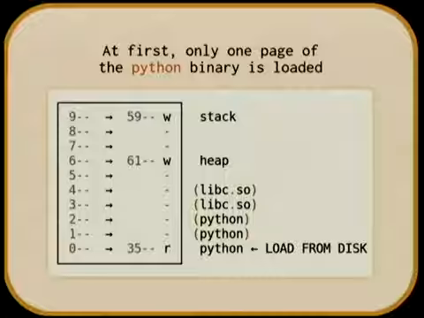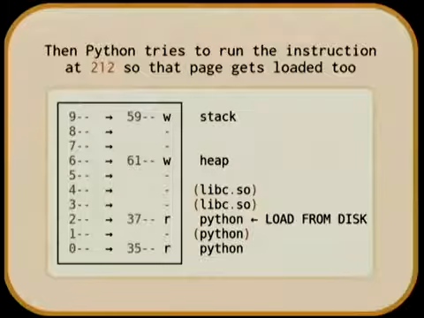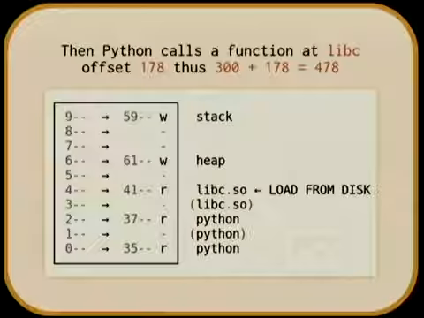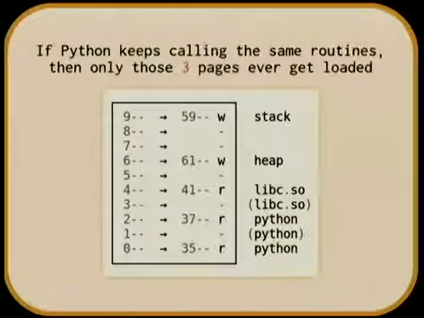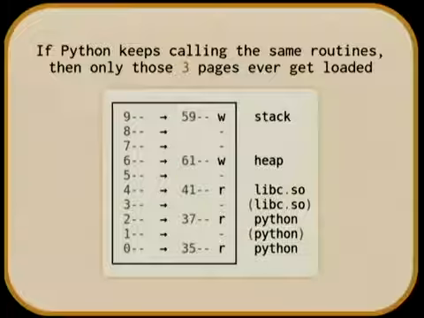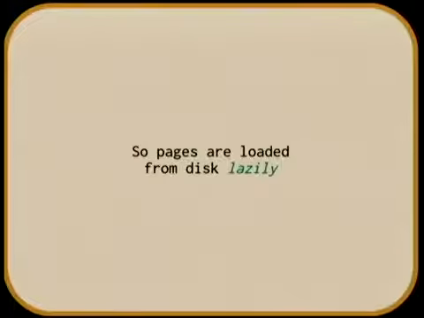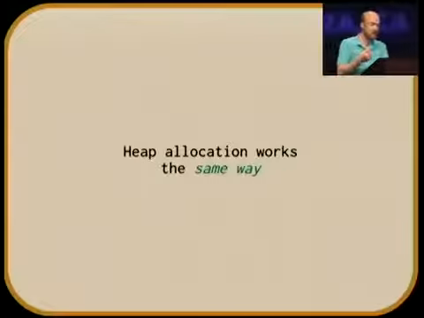It will instead only load in the first page that needs to start running, as one function calls another function, calls another function. It will load in only the pages that get touched and just leave the other ones out of memory to save resources. Pages are loaded from disk lazily.